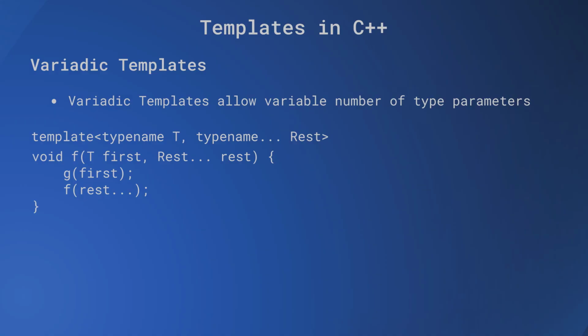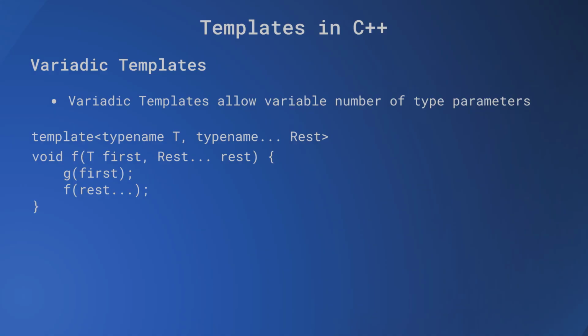The key to handling a variadic template is that the first type parameter is separated from the rest. As you can see, in the definition of function f, there is T first, the first argument, and the rest of the arguments. We process the first argument in the function g, the call g(first), and then call the function f itself recursively with the rest of the arguments.